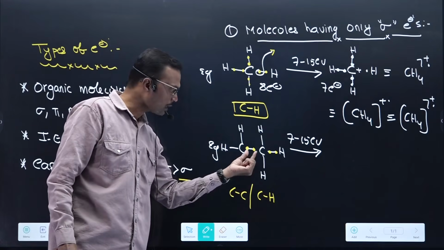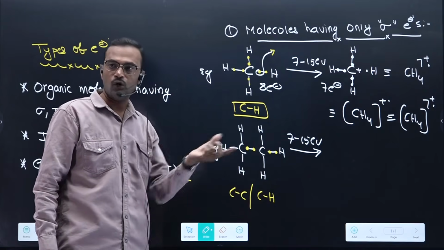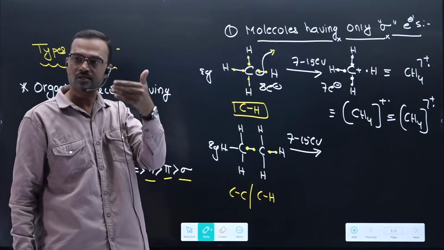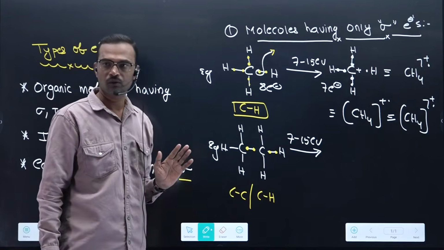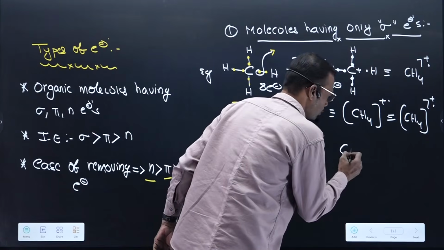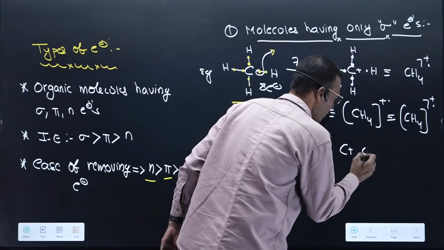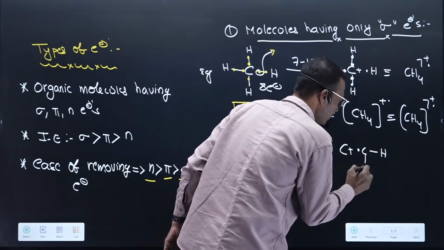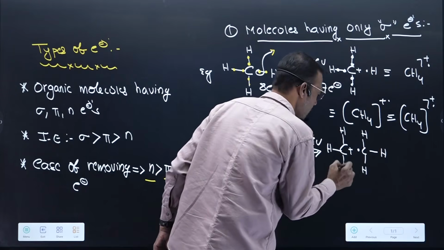Whichever has the lowest ionization energy can lose an electron easily. Which one? CC. So don't remove an electron between carbon hydrogen. Always remove an electron between carbon and carbon itself. This has the lowest ionization energy as compared to carbon hydrogen.